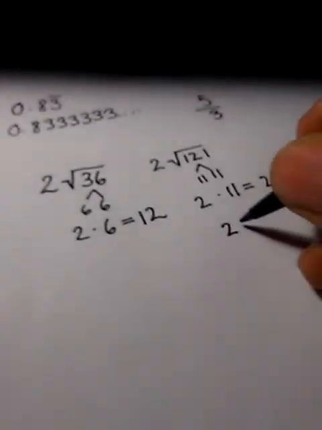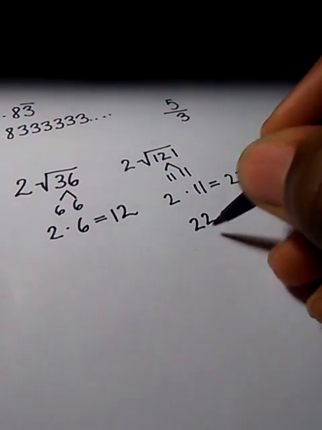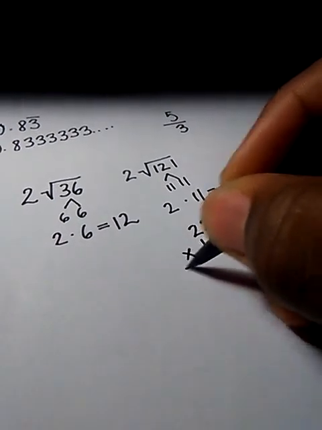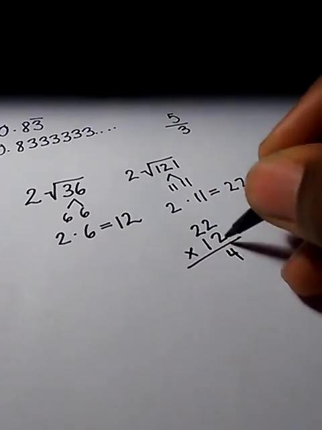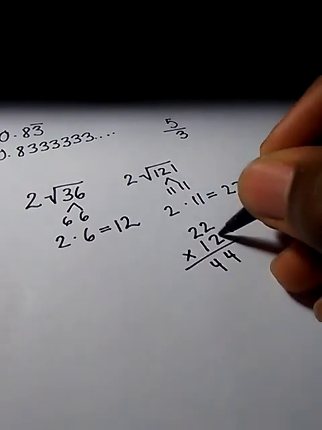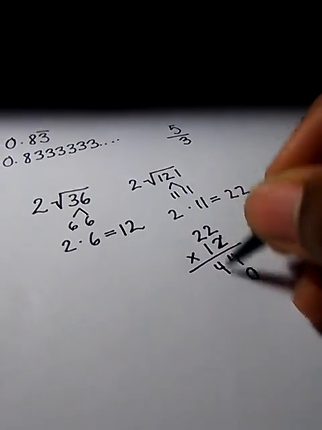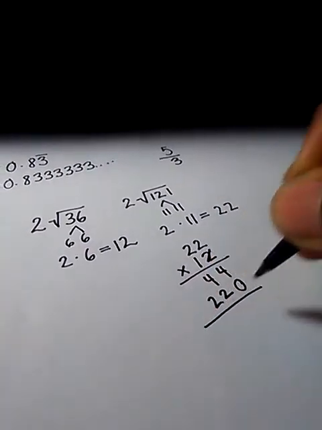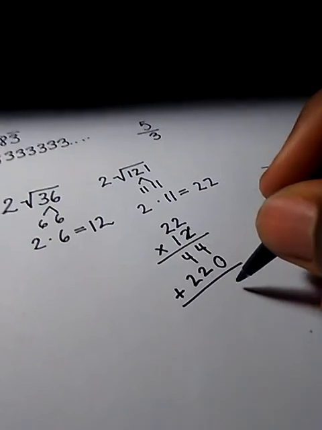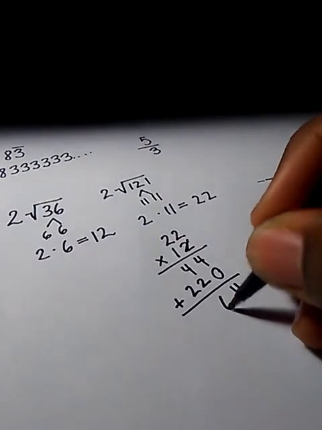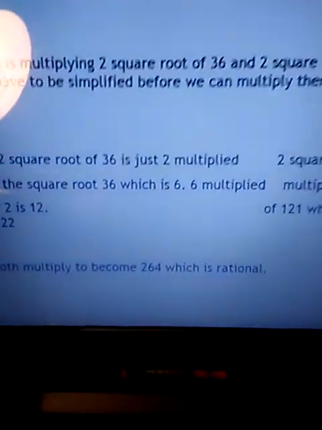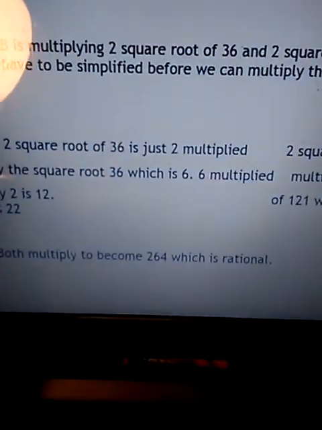Now, when you multiply these, 12 times 22 is 264, which is a rational number.